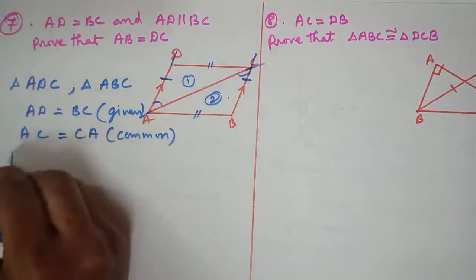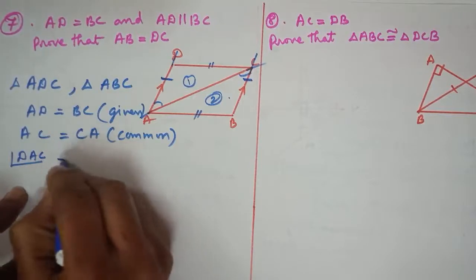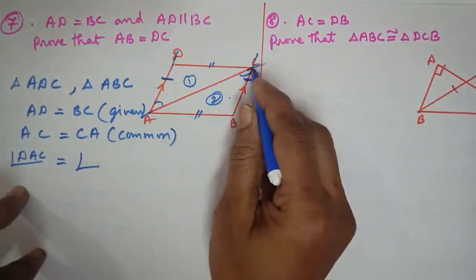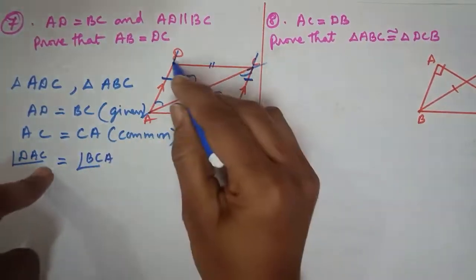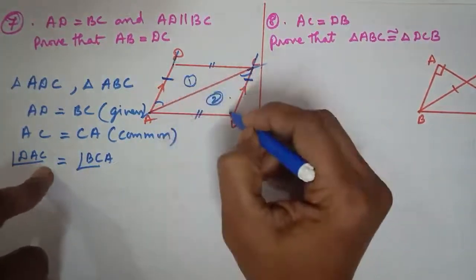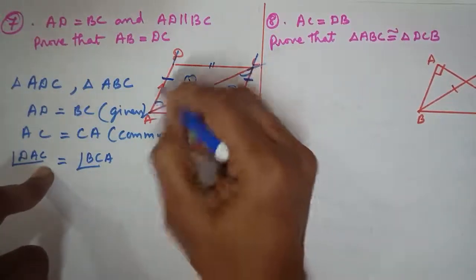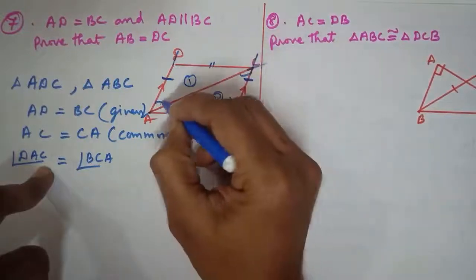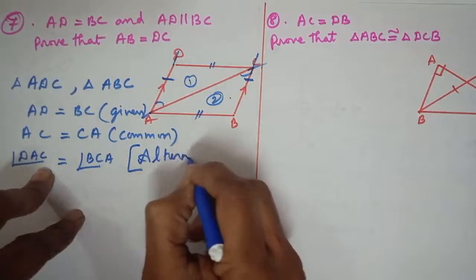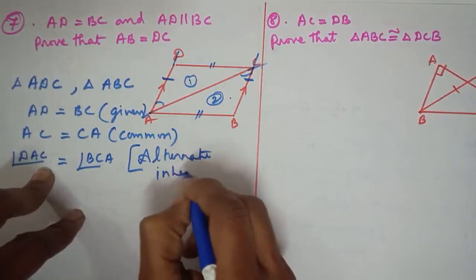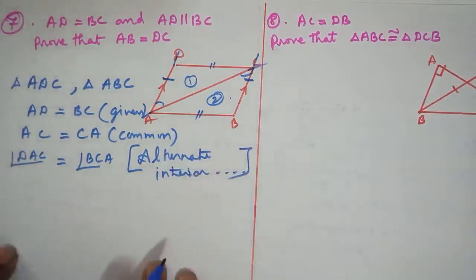So angle DAC is equal to angle BCA, because this is the transversal and these two lines are parallel, so this angle is equal to this angle, alternate interior angles are equal. Is it clear?